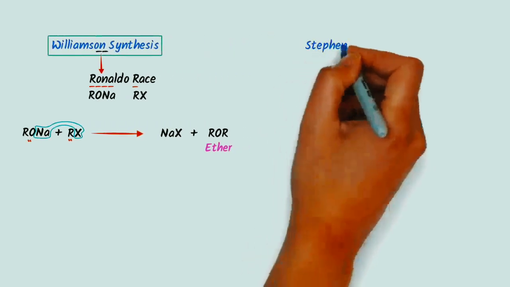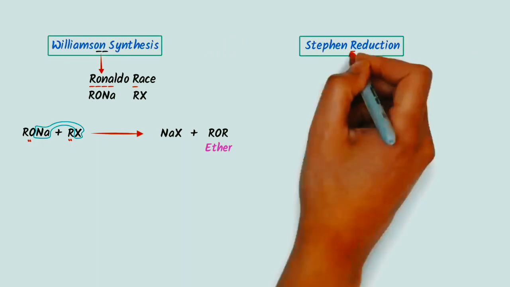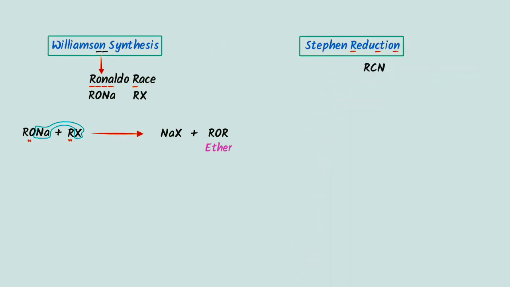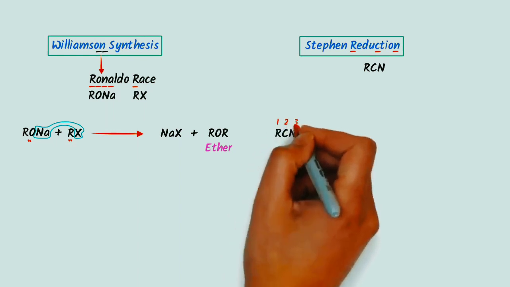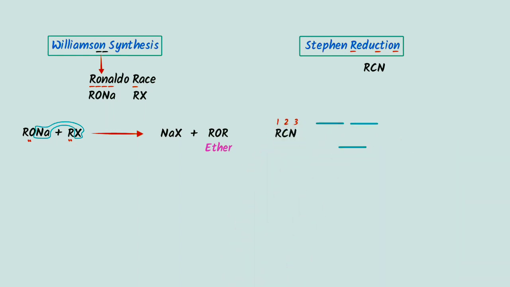Now let me teach you the Stephen reduction reaction. Well, I select R, C and N in reduction. Now this R, C and N stands for alkyl cyanide. Now these are the three letters as 1, 2, 3. I write here 3 dashes. Now I select S and N in Stephen.